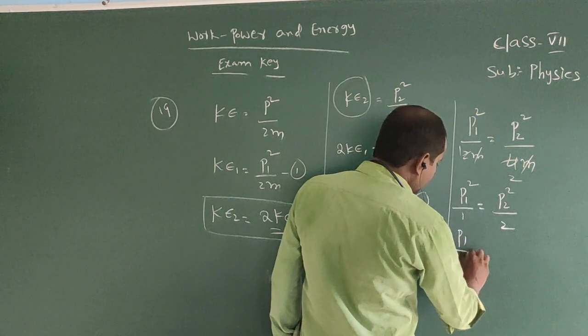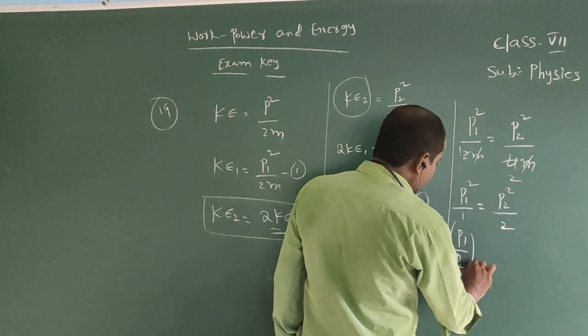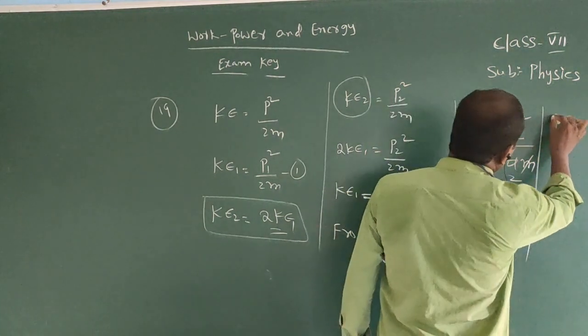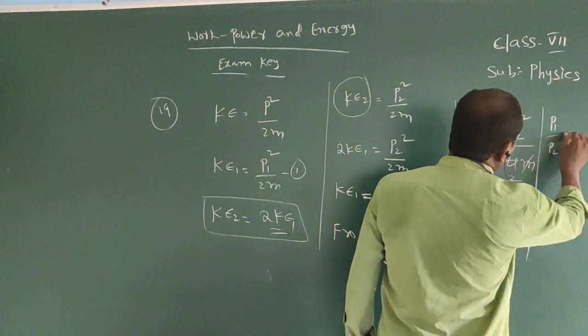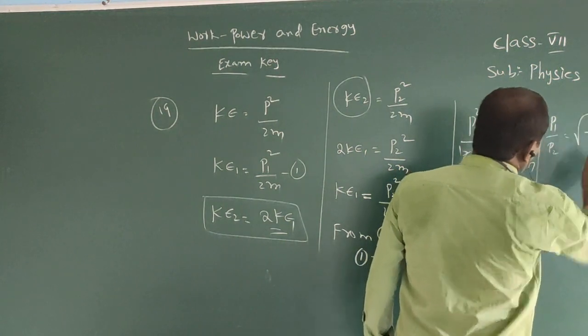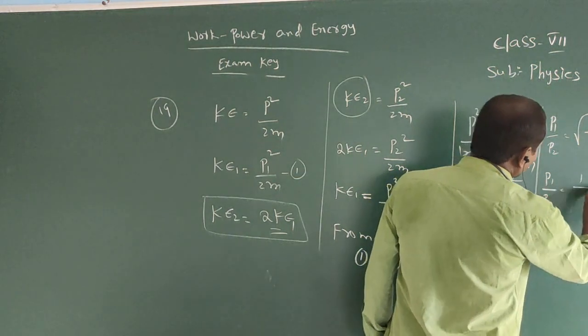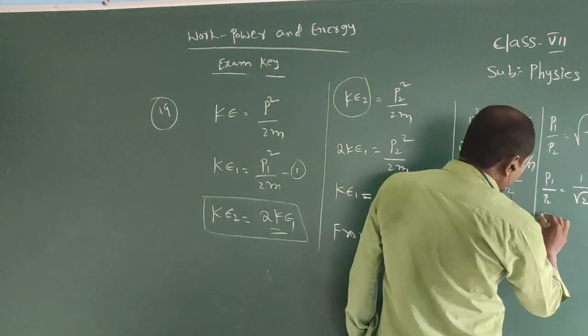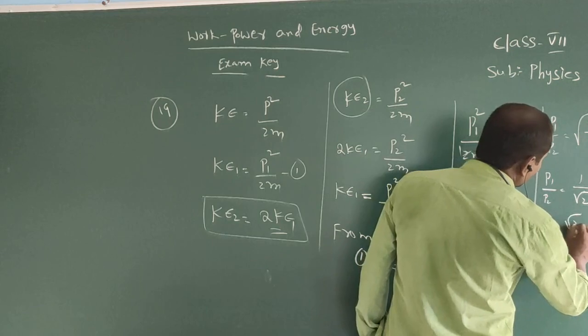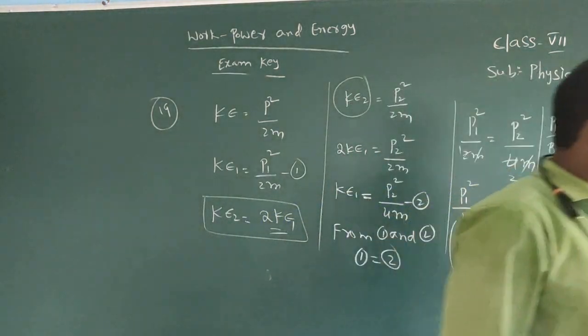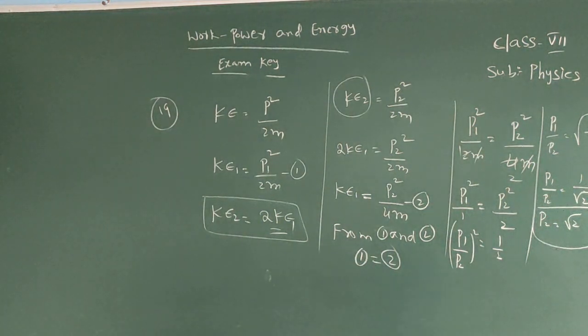So P1 by P2 whole square equals 1 by 2. So P1 by P2 equals 1 by root 2. So here P2 equals root 2 into P1.